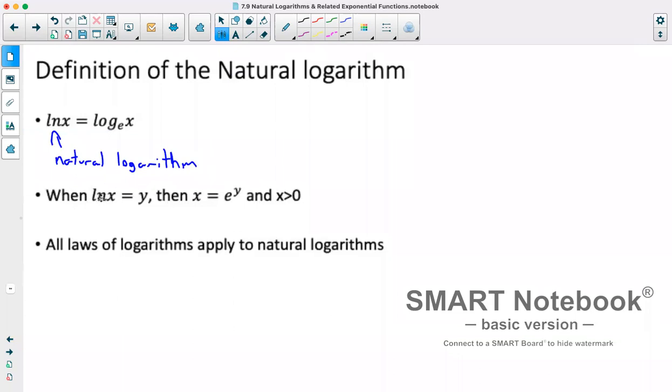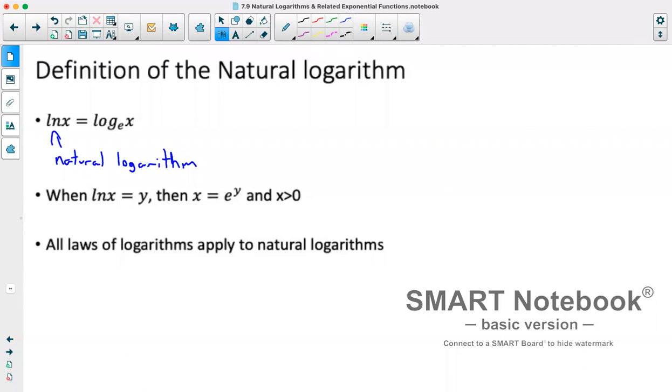Now, if we have the natural logarithm of x equals y, then changing that into exponential form, it becomes x equals our base e to the power of y. We also have a restriction that x has to be greater than 0.